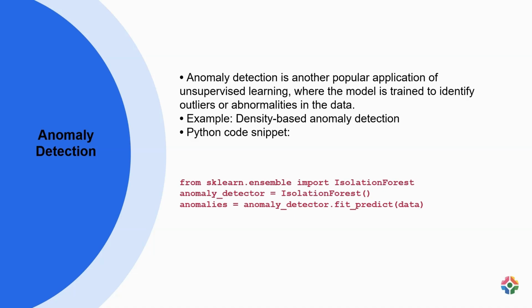In practical terms, to implement density-based anomaly detection in Python, one can utilize algorithms like isolation forest from the scikit-learn library. By creating an instance of the isolation forest class and fitting it to the dataset using the fit_predict method, anomalies can be detected based on their isolation from the majority of the data points.